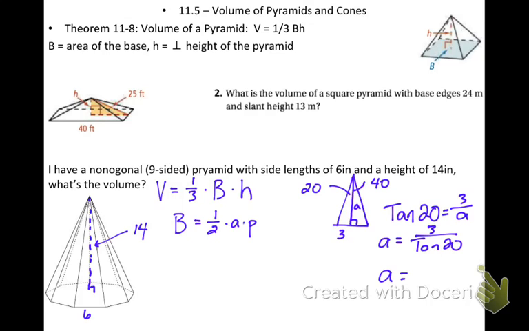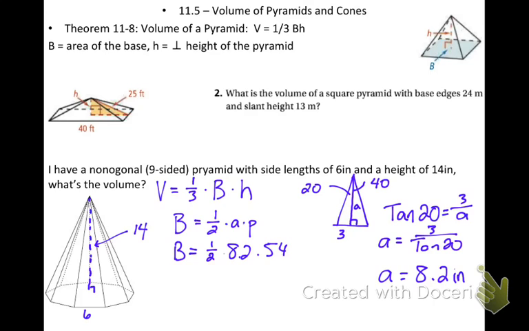So I get my A to equal, I think it's 8.2. And so 8.2, again, these are inches. It's the length. And what I can do is plug that in here. So my base is equal to 1/2 times 8.2 times my perimeter, which is 6 times 9, which is 54.